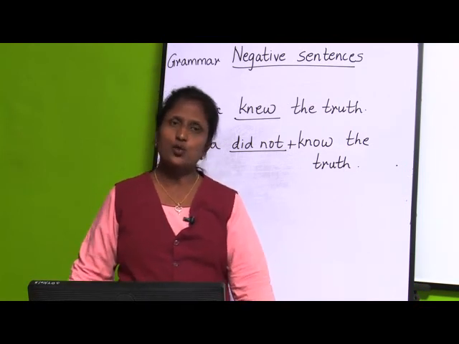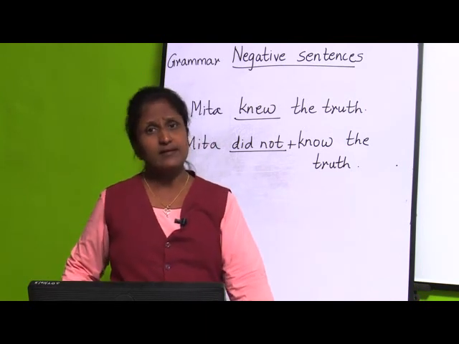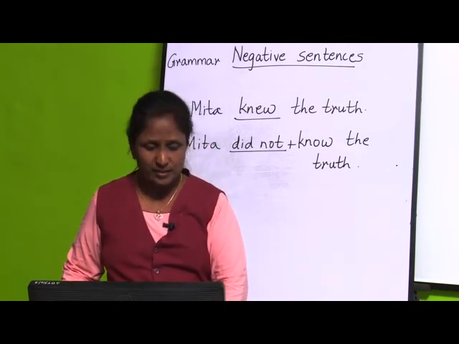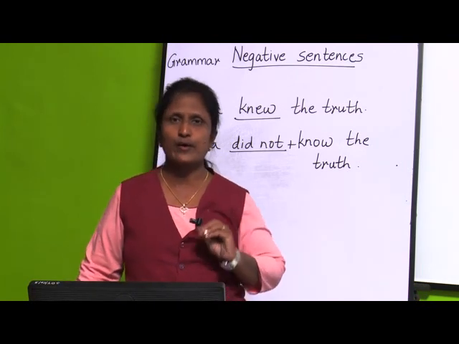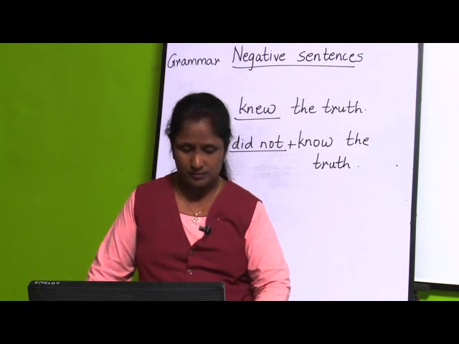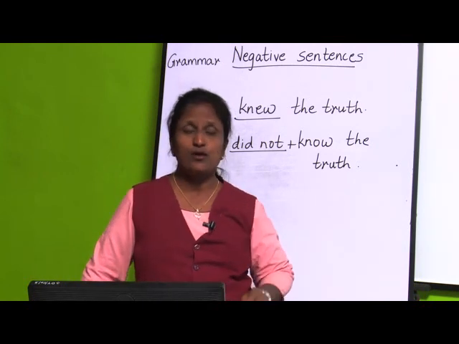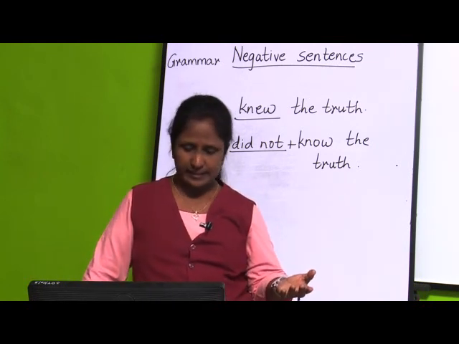In this way, you will be doing with the negative sentences. So, what all things did I tell you children? We use the words like no, not, never, or the other word nothing for forming the negative sentences.